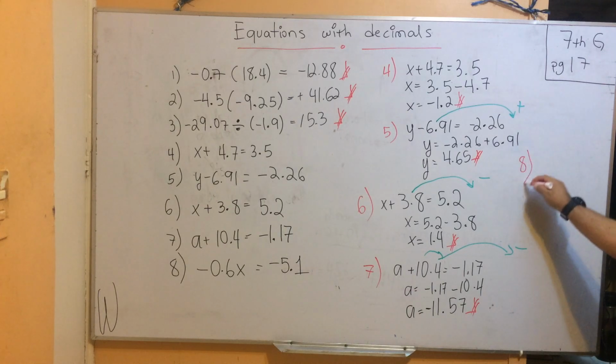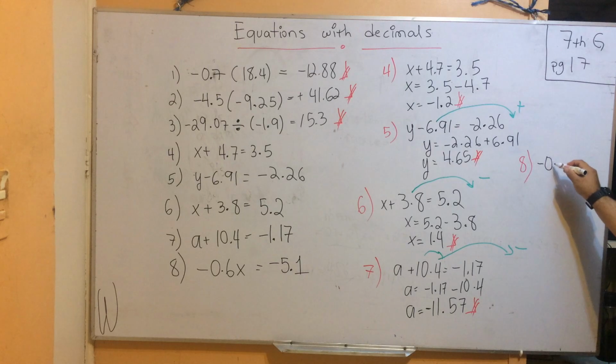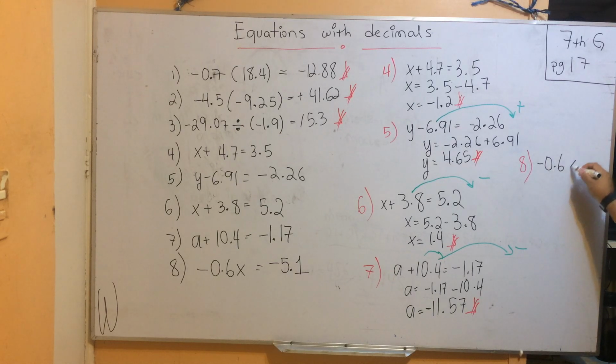Let's work number 8 over here. So we have negative 0.6 x equals negative 5.1. They are both negatives. And 0.6 on this side, what is it doing? Here it's multiplying. So we move it to the other side, dividing.